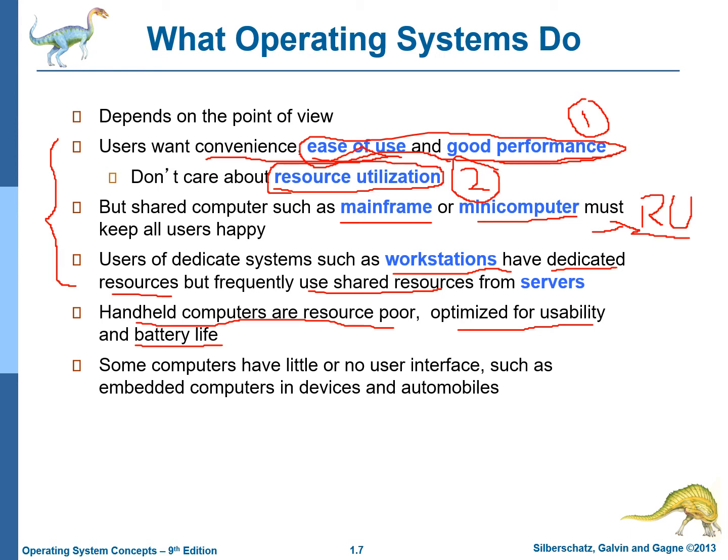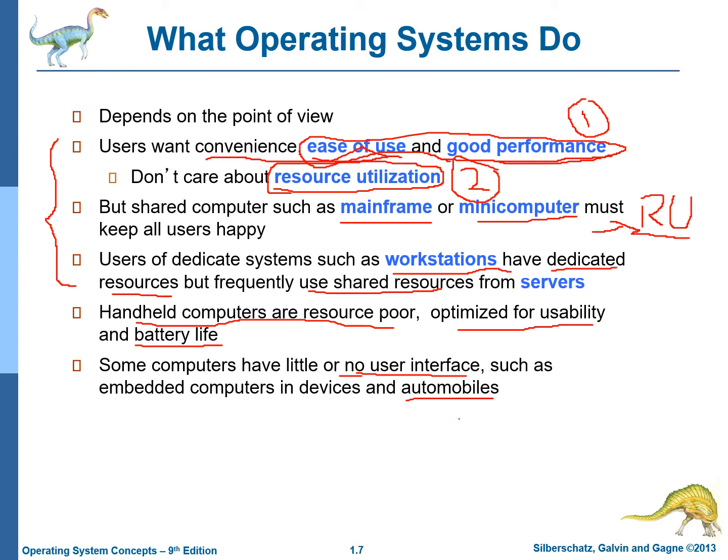Okay. There are also operating systems with no user interface. For example, the operating system running in an automobile, in your car, or in an elevator, or in a washing machine: there is either no user interface or a very trivial user interface. Okay. So this is what the operating system does.